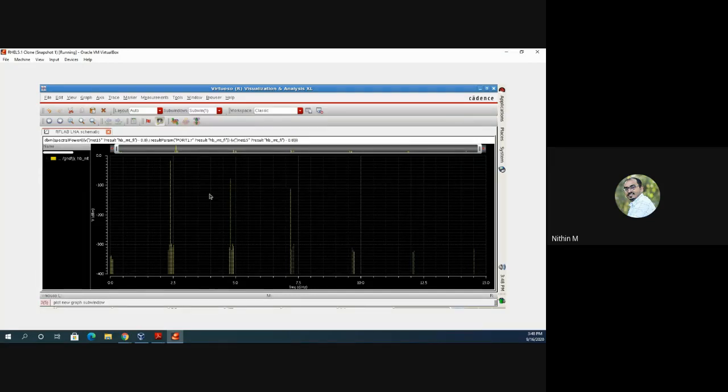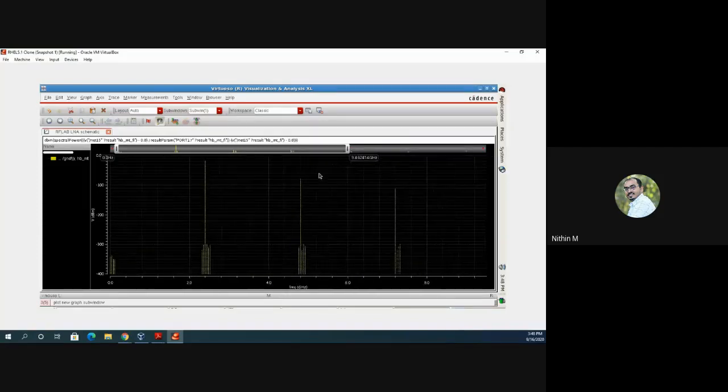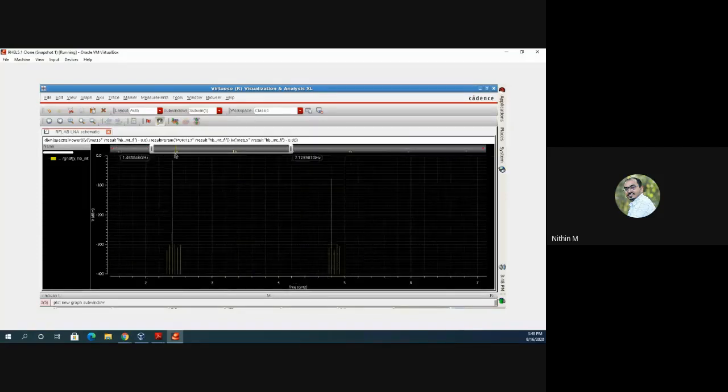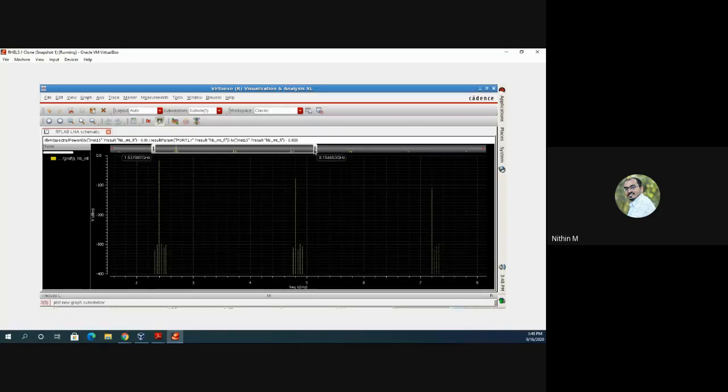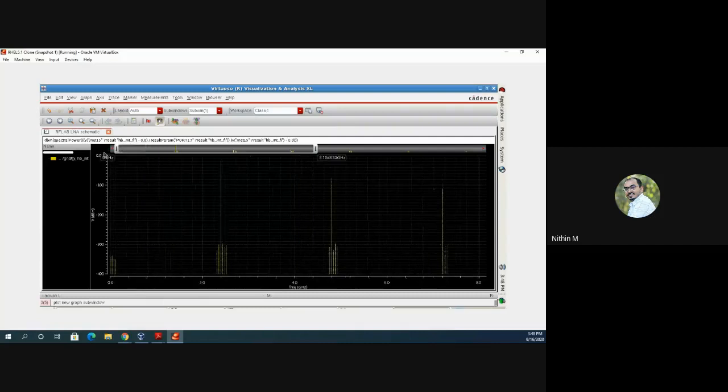The system I have is an amplifier which is amplifying a 2.4 gigahertz signal. Now if I look at the various components, this is giga, right?